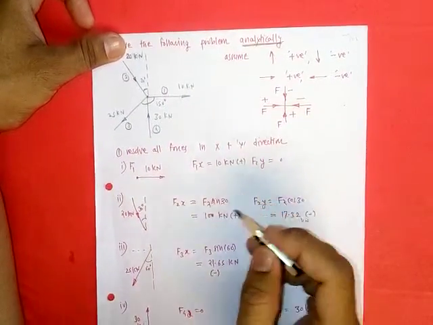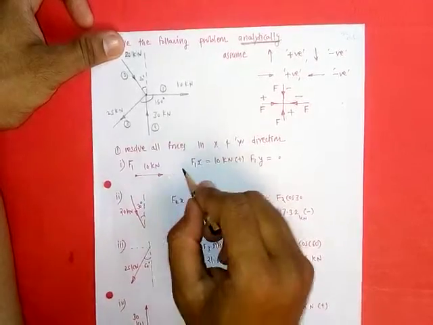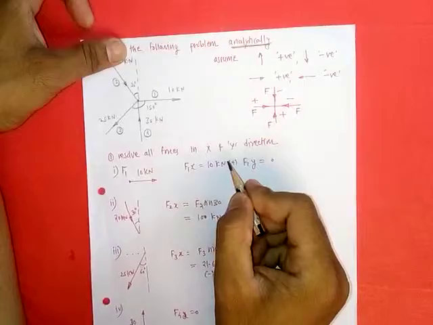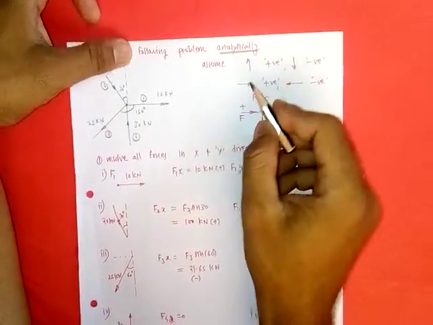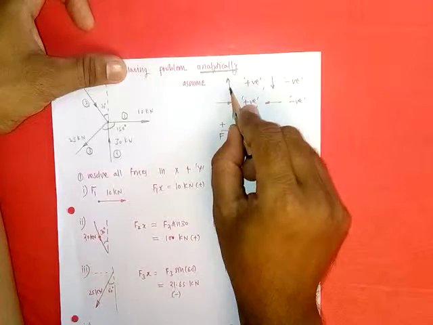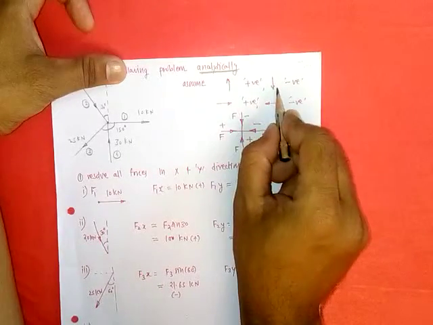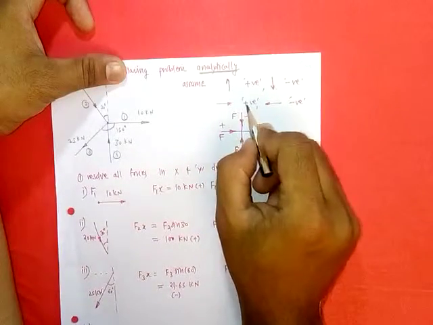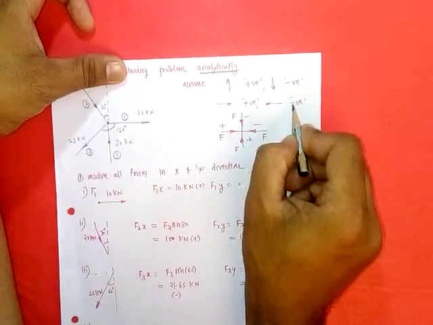Now the first step is to resolve all the forces in x and y direction and consider sign conventions. As we have discussed: upward force positive, downward force negative, right side force positive, and towards the left side negative.